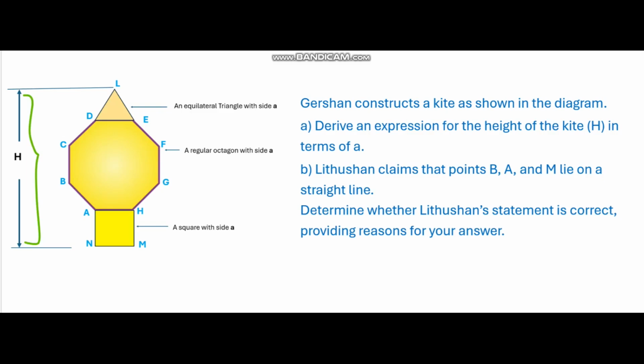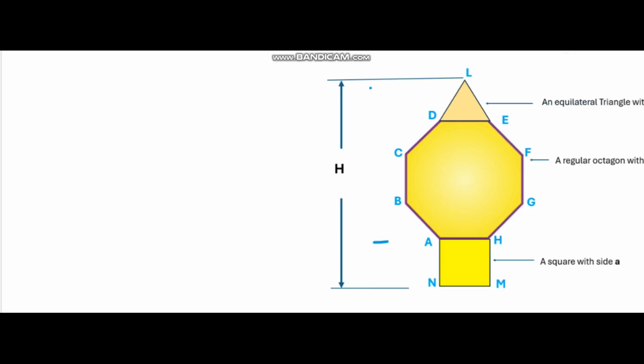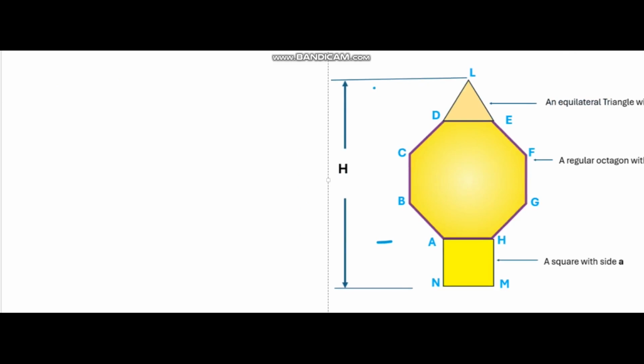So basically we are going to say capital H is going to be this plus the height of this plus the height of this. Okay, because this is a square with side A, it is obvious that this is A. So that's the easy part.